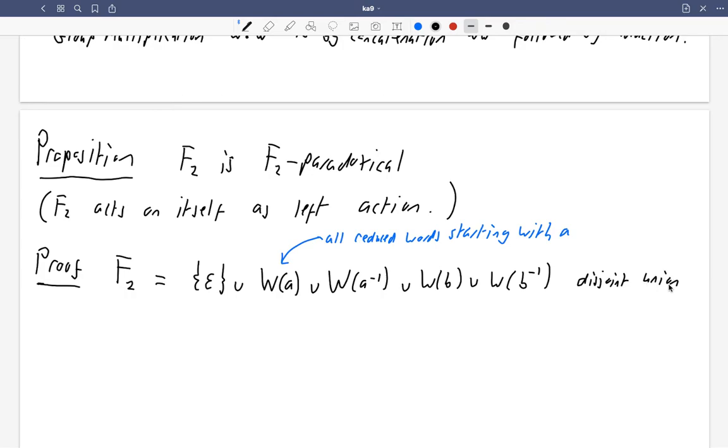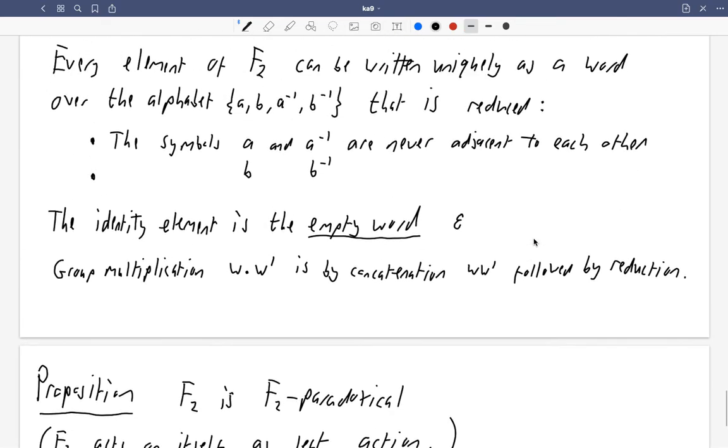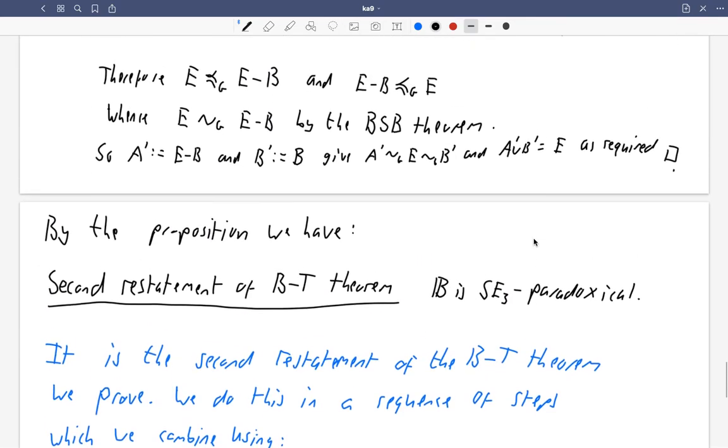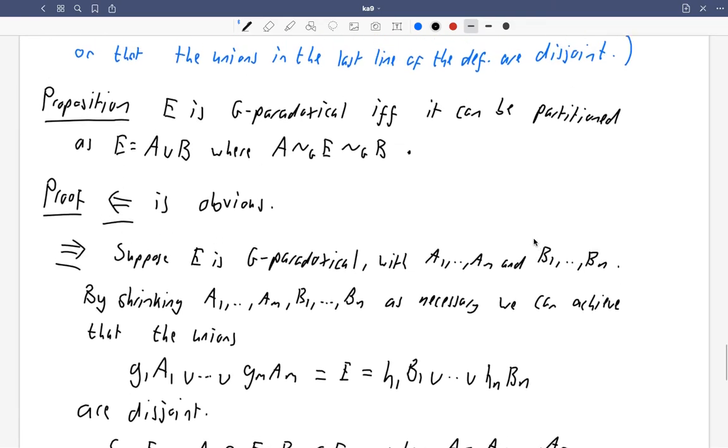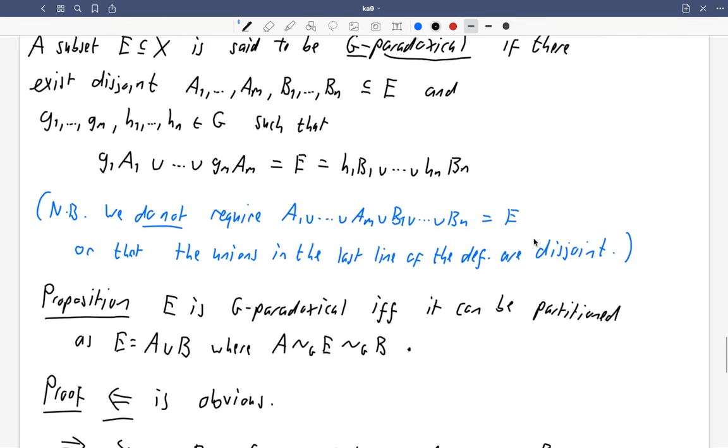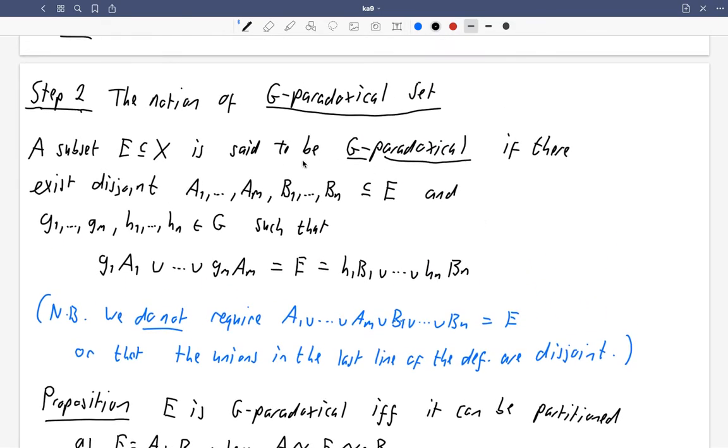And the notion of paradoxicality: we've got a subset E, and we want to find subsets. Our subset E is F2 itself here.